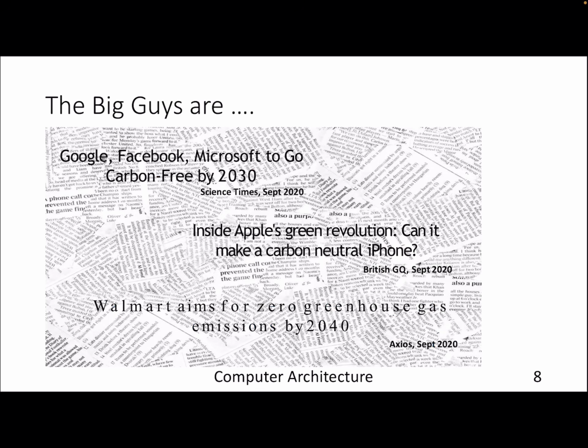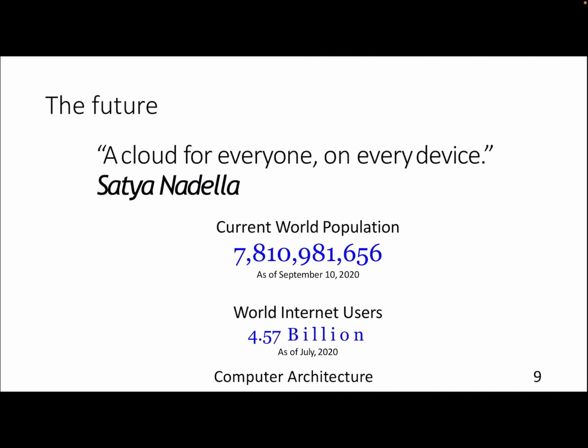You can find all the big companies here, right? And that's the vision that all these companies have, and the systems folks and the architect folks have to play a big role in achieving this vision. If you have looked at this particular quote from Satya Nadella, he talks about a cloud for everyone on every device.